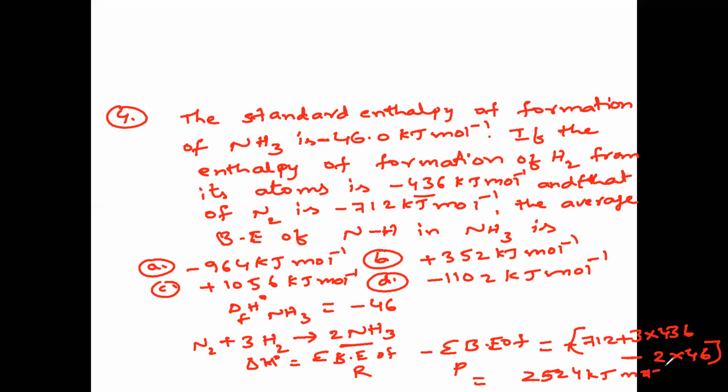But we require it for a single NH bond. In ammonia, nitrogen has 3 NH bonds, and they are asking for 1 NH bond. So it is divided by 6, because in total we have 2 moles of ammonia.